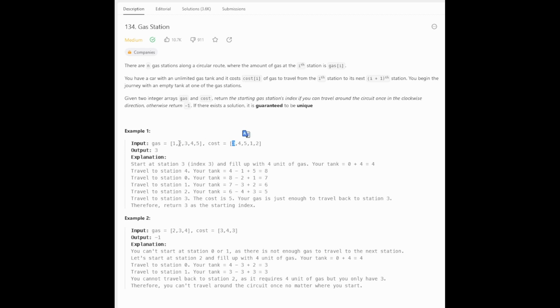Minus 3 to get to the next, so we get here with 1 gallon left over. 1 plus 2 means we have 3 gallons in our tank available, but we get stuck because we need 4 to progress. So this is not a valid starting index because we get stuck by the time we get to this position. So now that we've kind of seen how this problem works, let's see how we can solve this.